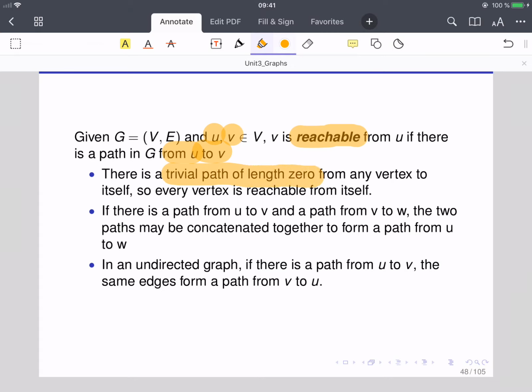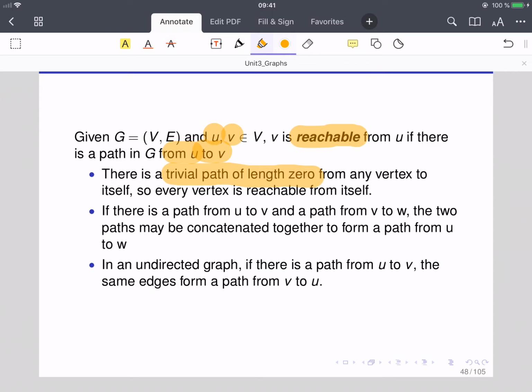Remember that we consider a vertex as a path of length 0, so any vertex is reachable from itself. So this relationship is reflexive. Every vertex is reachable from itself. The relationship is reflexive.